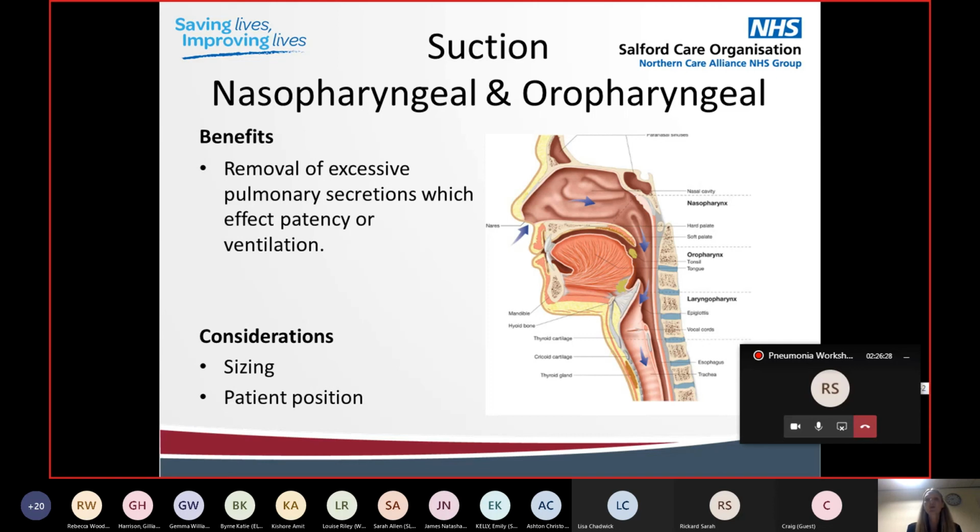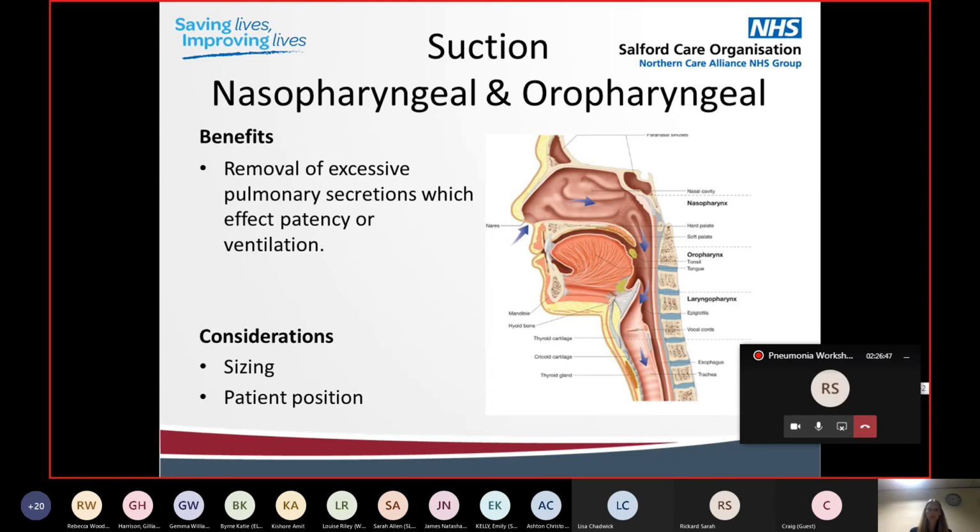We can hear the secretions, what shall we do? It might be that the patient has got an inability to generate their cough themselves, as we've discussed, but we don't have the time necessarily to go through some of the treatment options that we've mentioned already, and this provides a quick solution to the problem.